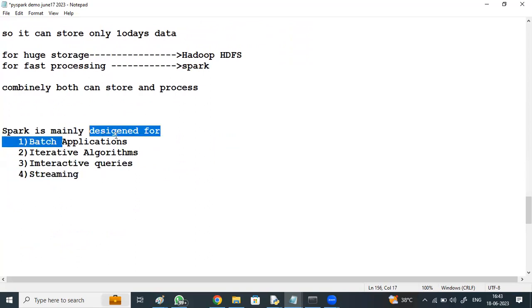Batch applications, iterative algorithms, interactive queries like Spark SQL. It supports advanced analytics like graph algorithms, machine learning algorithms, streaming, SQL queries, right?